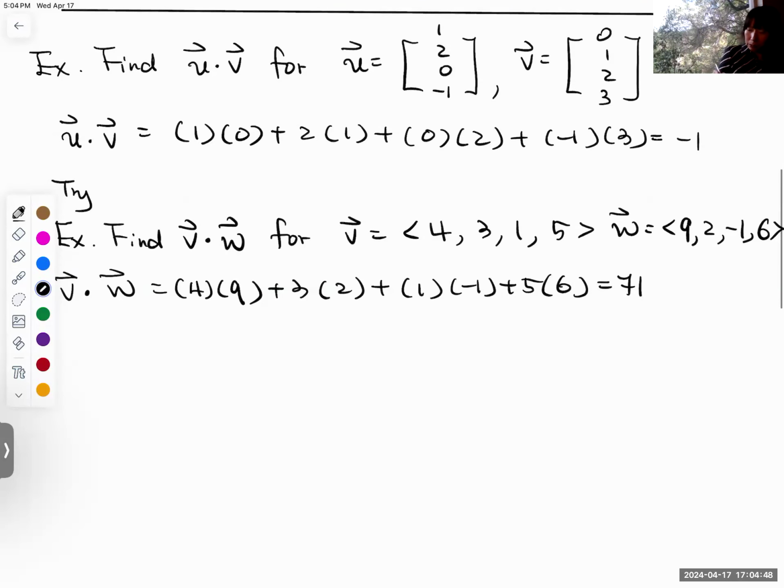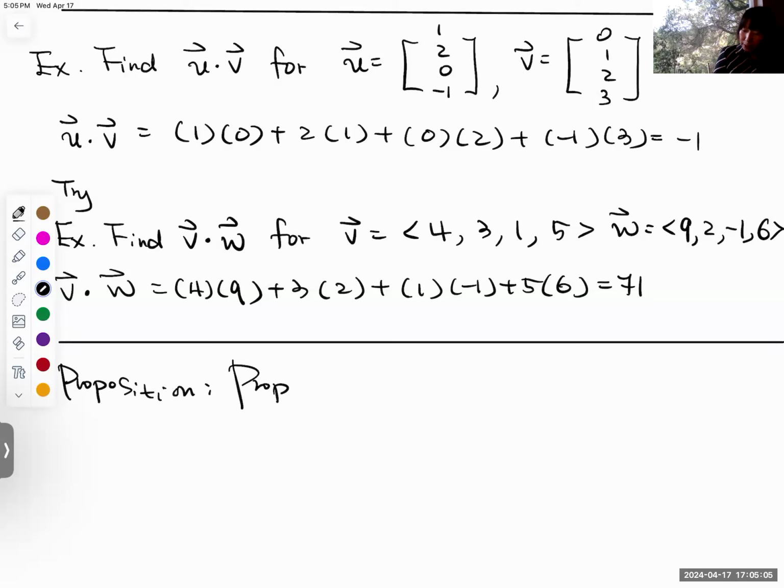So, proposition: properties of the dot product. Let k, p, r be scalars, and U, V, W be vectors.